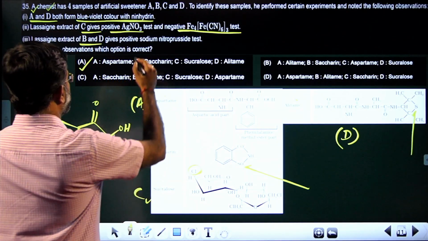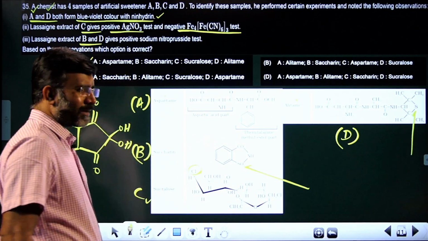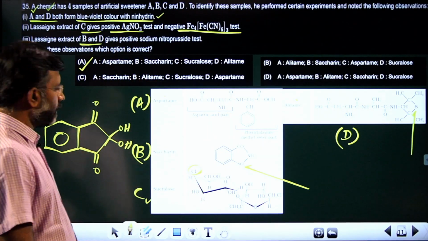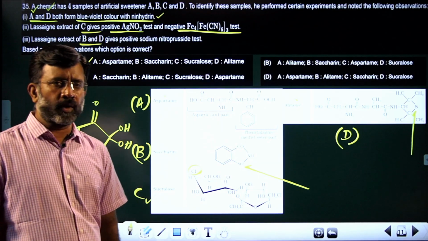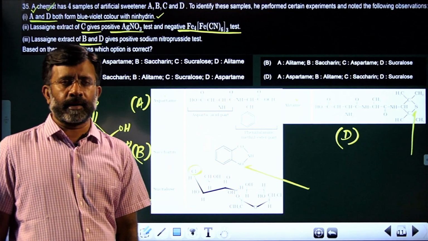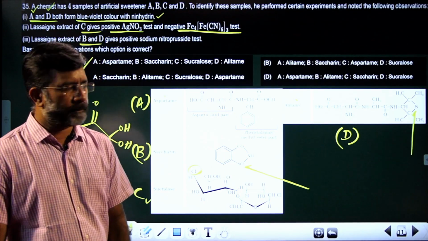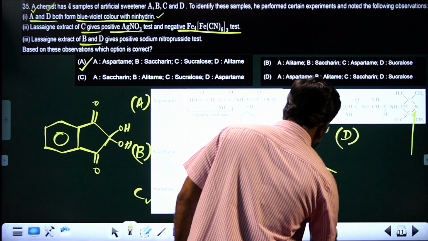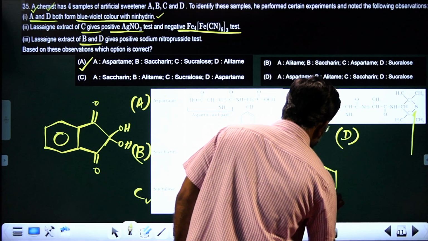And this one test is basically not referred to in the textbook, the ninhydrin test. This is ninhydrin. Ninhydrin will interact with the amino group, giving a blue-violet colored product. And the ninhydrin product with the NH2 group will be like this.